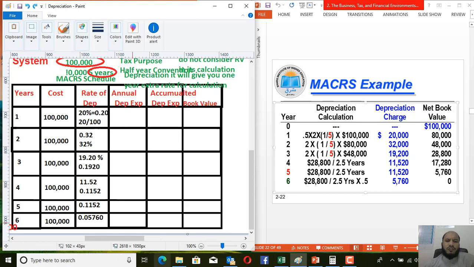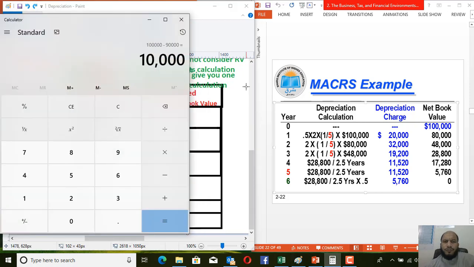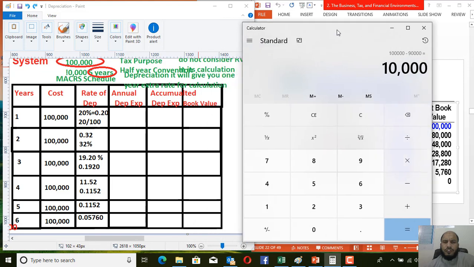Now what is the annual depreciation expense? Let's use the calculator for this purpose.